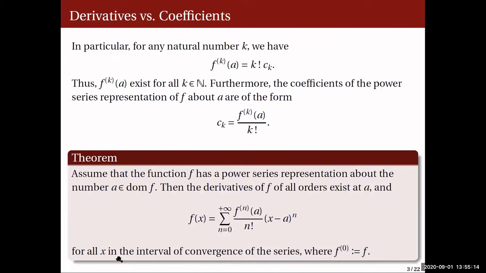This is for all x in the interval of convergence of the series, where we define f0 to be the function f itself. Notice that we start here at n equals 0.